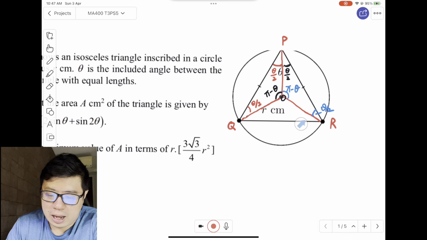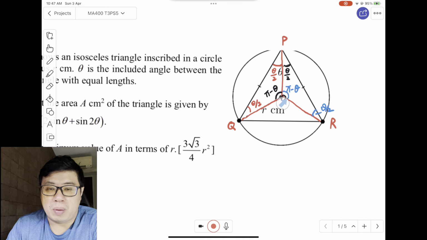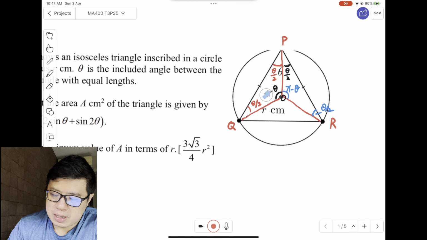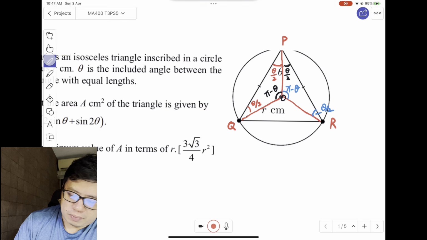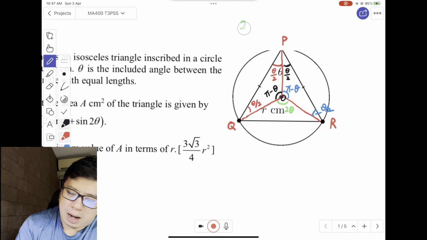Now, as we look to the left, here below, which is triangle OQR, we know that the sum of angles here is equal to 360 or 2 pi. Now, taking away pi minus theta, this angle here should be equal to 2 theta, because if you take 2 pi subtract 2 of pi minus theta, what you get is 2 theta.